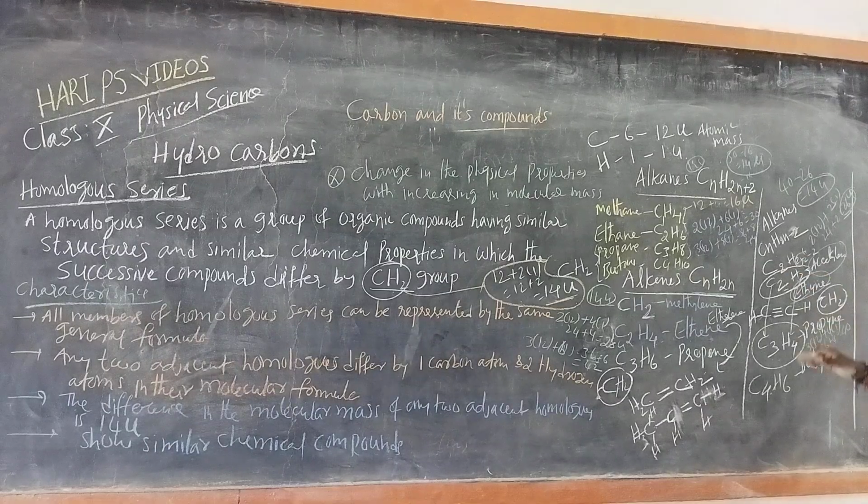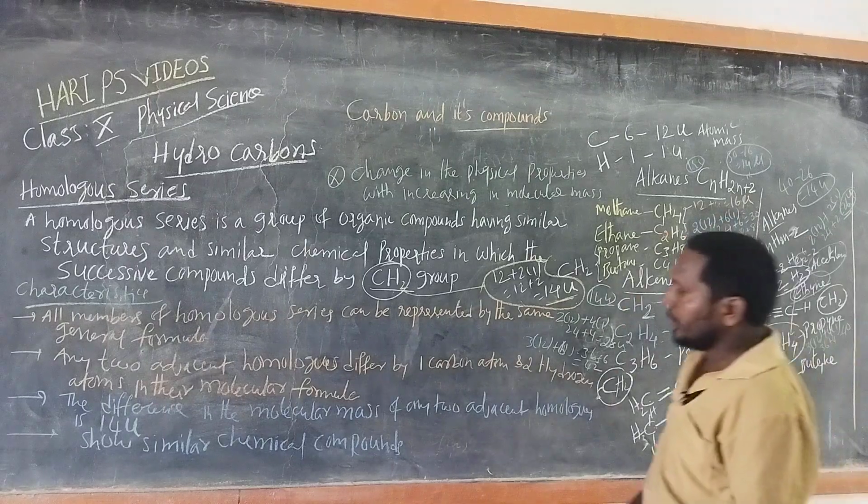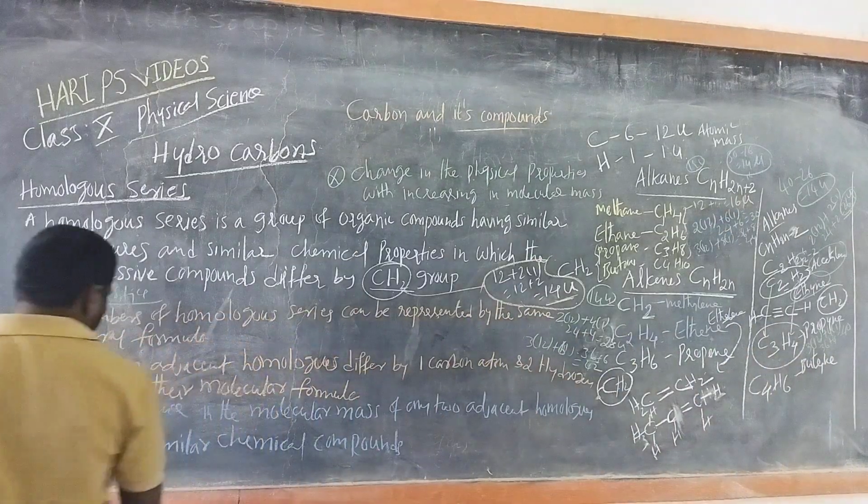So the difference in the mass of two adjacent homologues is 14 units.